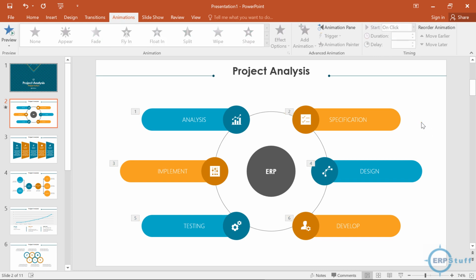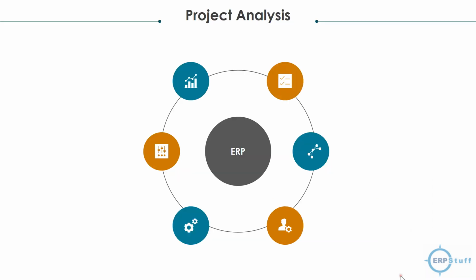Now I will not click F5 because it will start from the beginning. I will go down, and there is one small icon called slideshow. I will click this, and it will show only that slide. Now you see those points are not there.